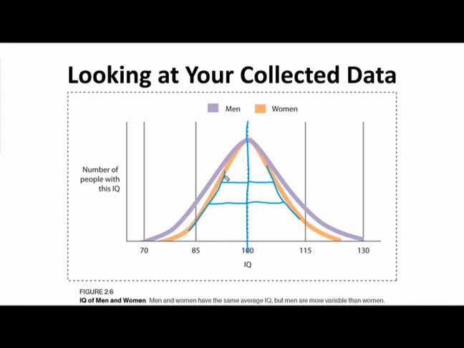So we would say that there's less variability, less spread in the data for our orange curve than for the purple curve. We could also say it the other way around: there's more variability, the data is more spread out for the purple curve than for the orange curve.